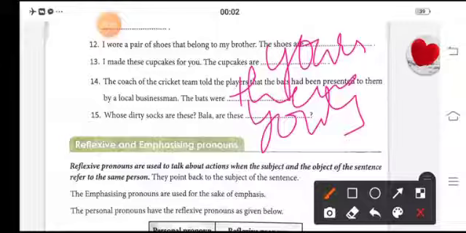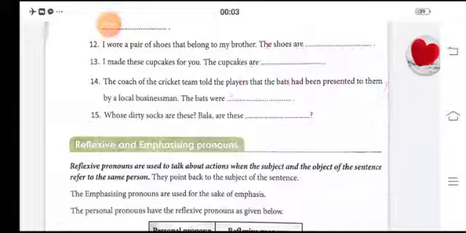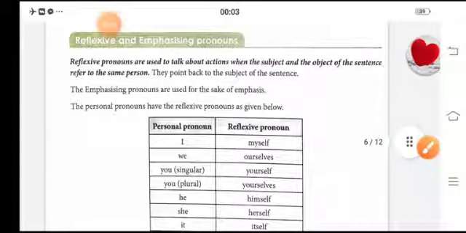So, students, today we have learned about pronouns and their types, like personal pronouns and then possessive pronouns. Now we are going to read about reflexive pronouns.